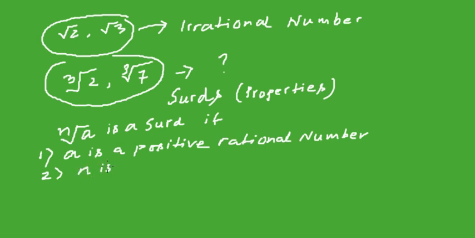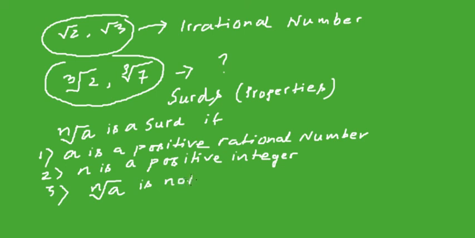If n is a positive integer, meaning n greater than 1 and n belongs to Z. Third one, if nth root of A is not a rational number.